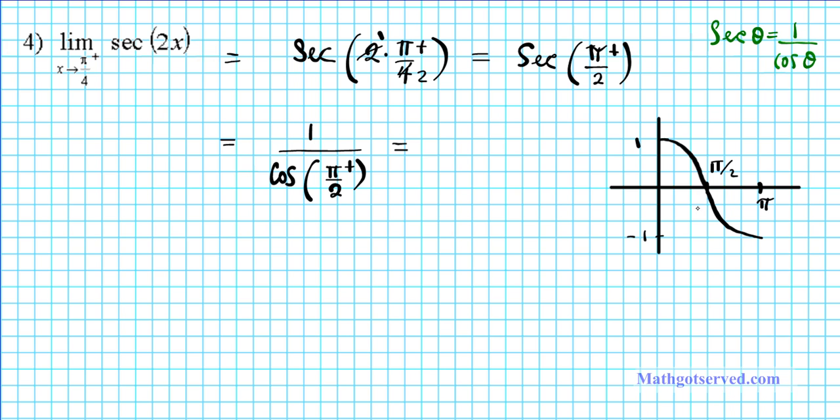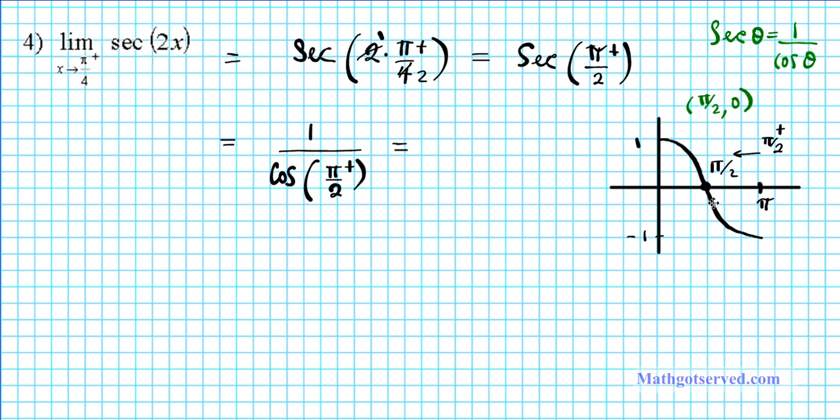Now, as x approaches pi over 2 from this direction, what y value are we approaching at this point? The coordinates of this point, let's go ahead and write it down, are pi over 2, comma 0. Okay, so the y coordinate that we're approaching is 0.